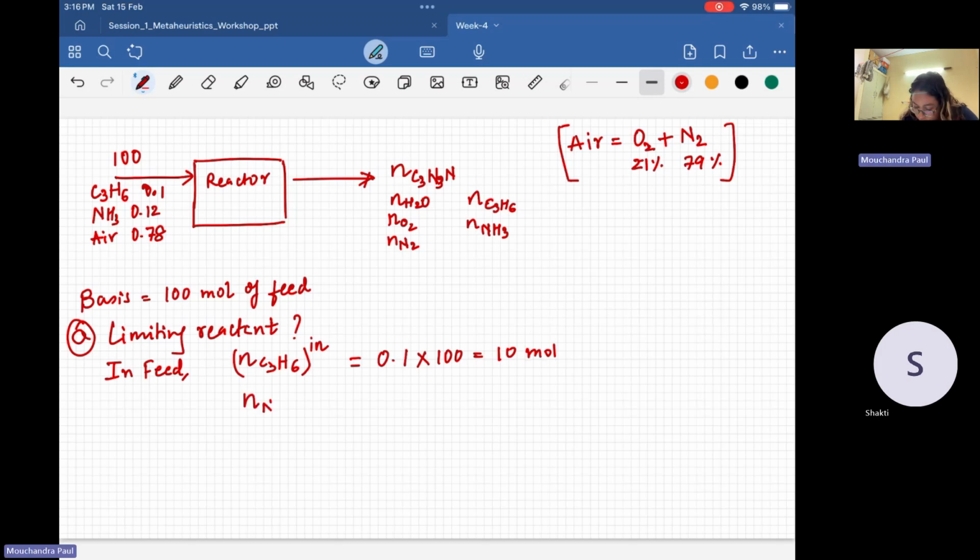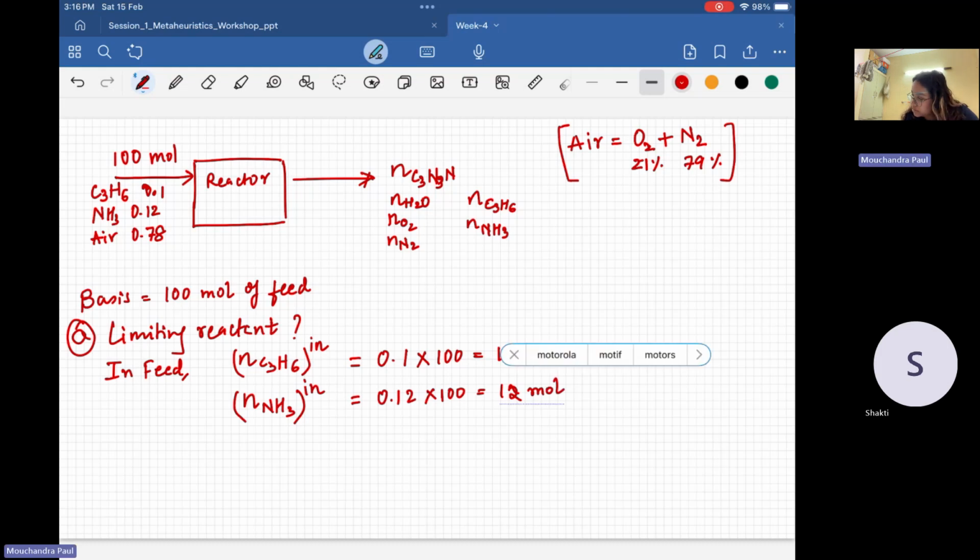The number of moles of ammonia is similarly 12. Then what is the number of moles of oxygen that is coming in? It is 0.78 into 100, so it will come out to be 78.